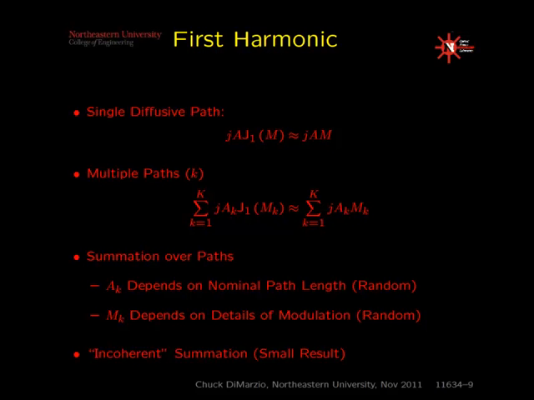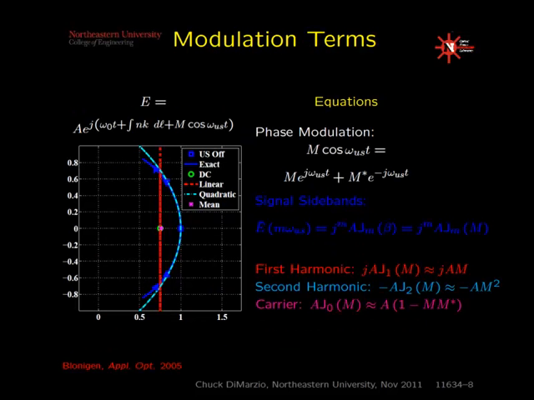Okay, let me go back to that for a minute. The first harmonic basically just describes the phasor moving perpendicular to its own direction. So the change in the electric field is up and down on the page if the nominal value is horizontal.